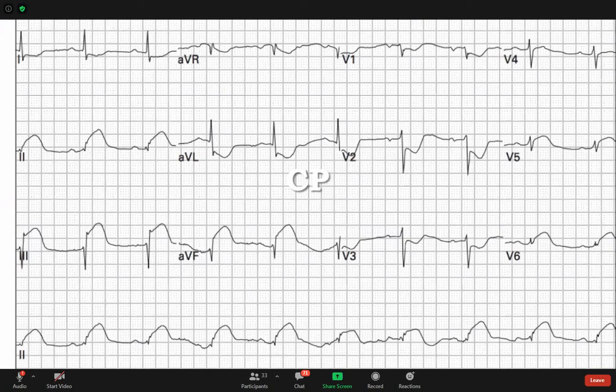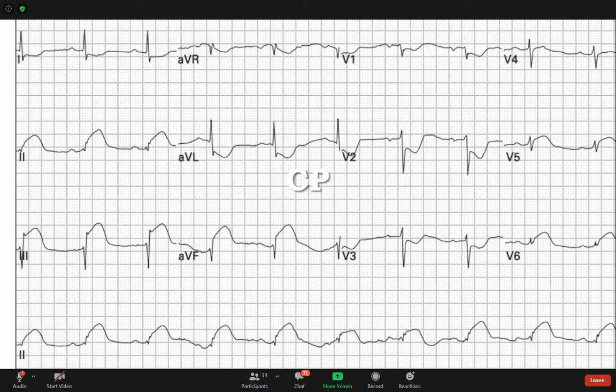It's less than one big square, يعني 5 small squares. الكيو ار اس نورمال، ما تعدت 3.